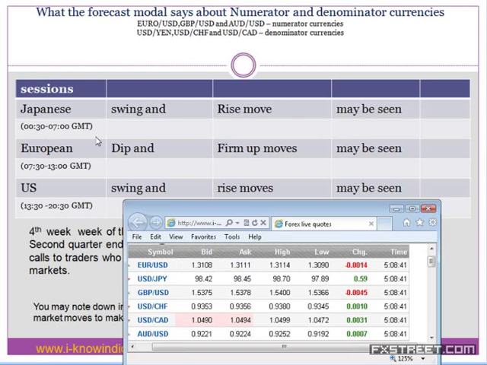So if you understand this, then you will not be watching the market 24 hours. You will only watch during the start of the session and the end of the session, in order to take a decision if you are trading the majors. So there is no need to look into all the 3 sessions.